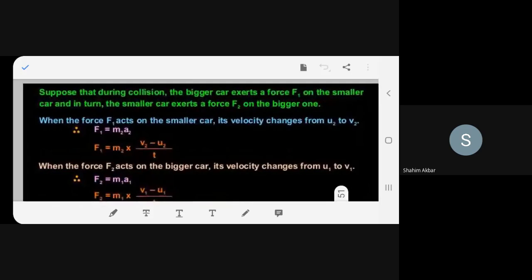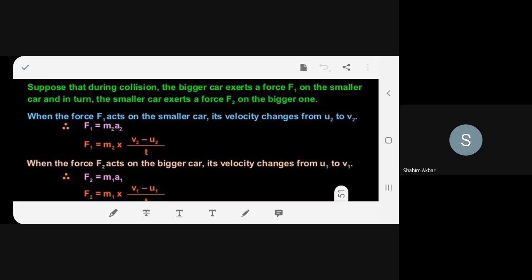Now, during collision, the bigger car is exerting a force F1 on the smaller car, that is action. And in return, the smaller car is also exerting a force F2 on the bigger one, that is reaction.